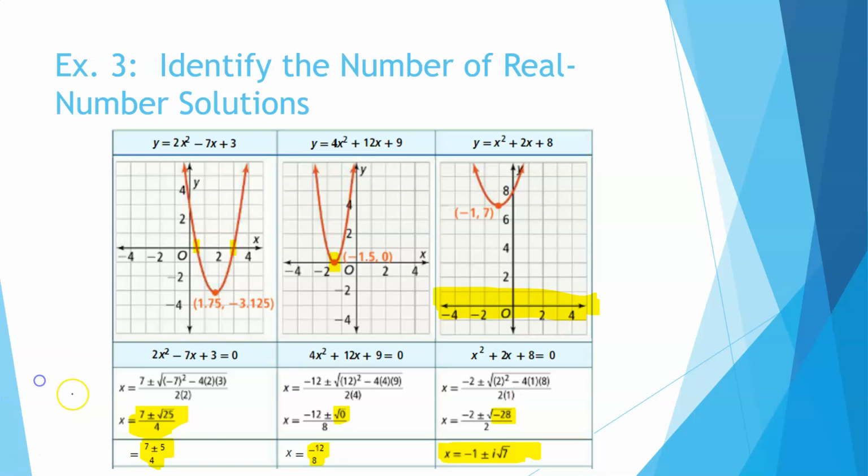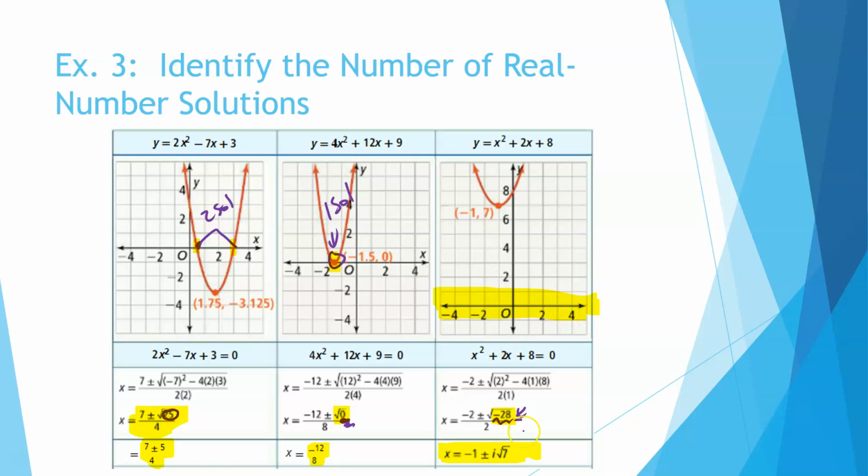So these are the 3 cases. Sometimes we end up with a nice positive number under the radical. That's when we're going to end up with 2 solutions. Sometimes we end up with 0 under the radical. That's when we're going to end up with 1 solution. And sometimes we end up in that weird case where there's a negative under the radical. And when I take the square root of a negative, that's when I enter the imaginary world.